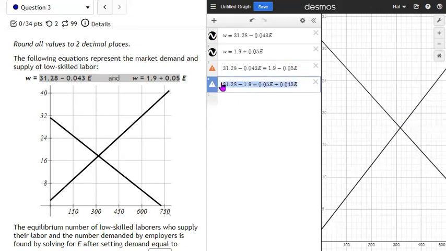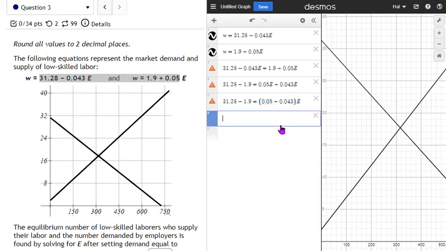And then what I can do is use the distributive property. I can undo the distributive property by factoring out the E, the employment level. I'm not doing any arithmetic yet. Then I can divide both sides of this equation by the coefficient of E, and the coefficient of E is that thing right there.